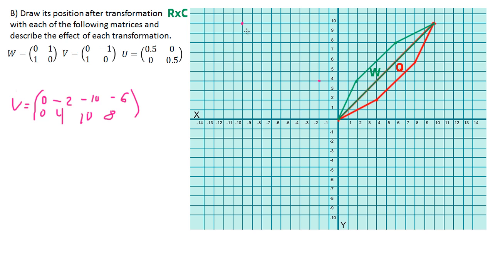Now we go minus 6 and then 8, over here. And obviously we have the origin as well. So let's join the dots together. And there it is, our graph B.